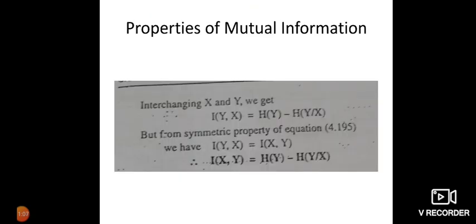Now interchange x and y. So I of x comma y will become I of y comma x, h of x will become h of y, and h of x given y will become h of y given x. Based on the symmetry property, I of x comma y equals I of y comma x. Then we can say that I of x comma y is equal to h of y minus h of y given x. So these are the 4 properties of the mutual information.